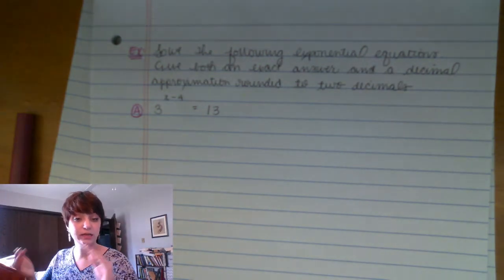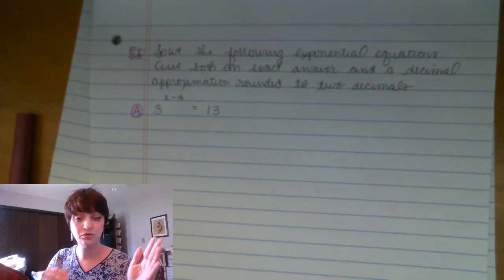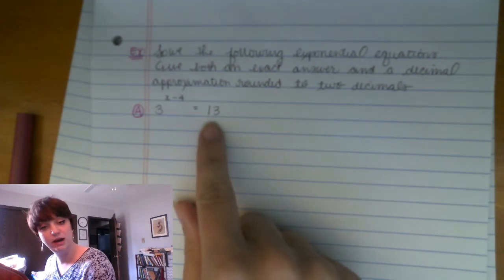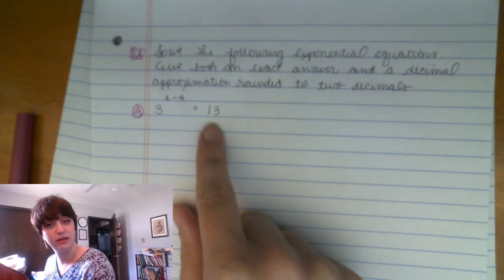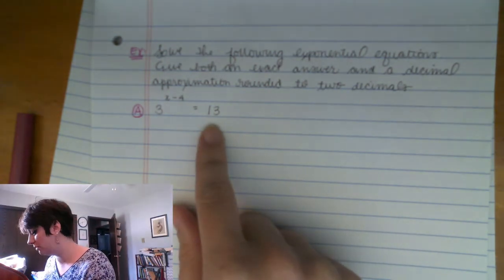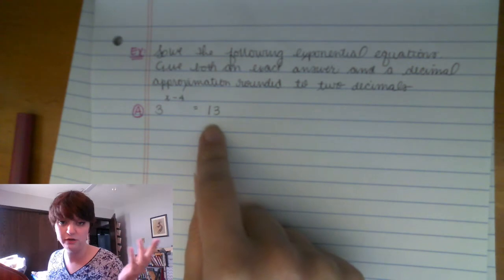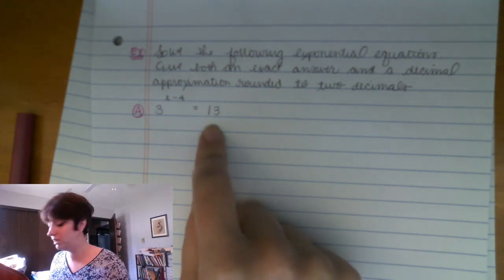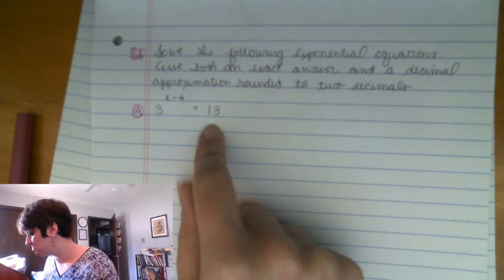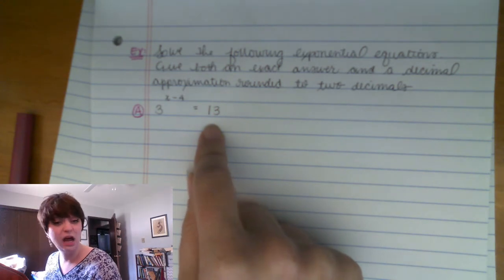Now, if this were back in 7-1, what I would do is I would write 13 as a power of 3. But I don't know what power of 3 I need to make 13. Well, first off, 13 is prime, so it's obviously not an integer power of 3. 3 squared is 9, and 3 cubed is 27.